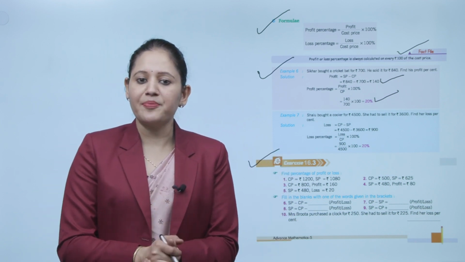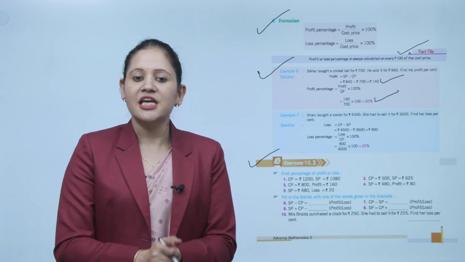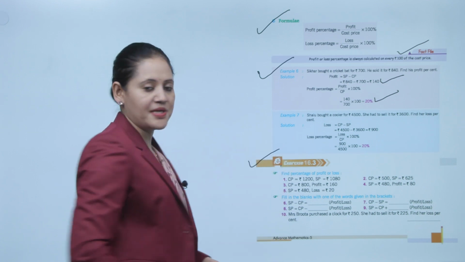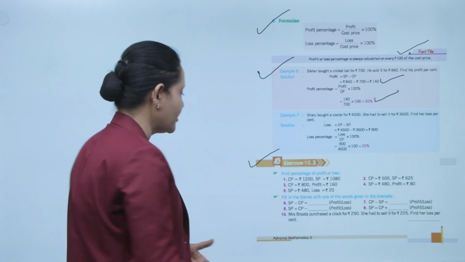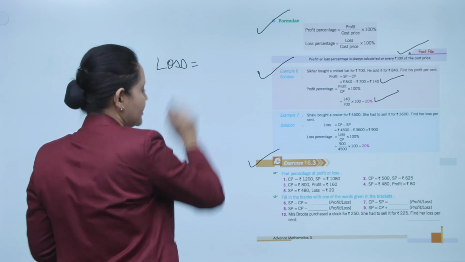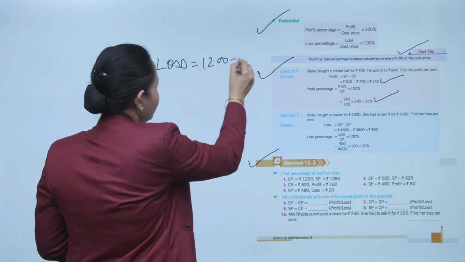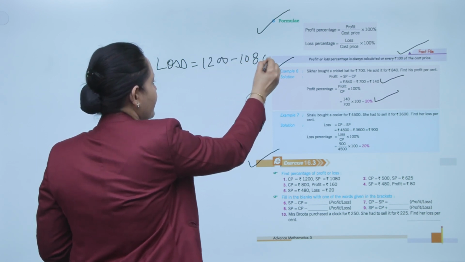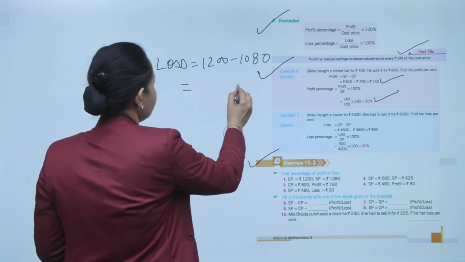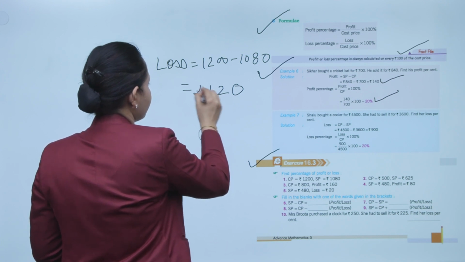Find the percentage of profit or loss. Here the CP is rupees 1200 and SP equals rupees 1080. CP is more than SP, that means it's having a loss. So loss equals CP minus SP, means 1200 minus 1080, that is 120 rupees.